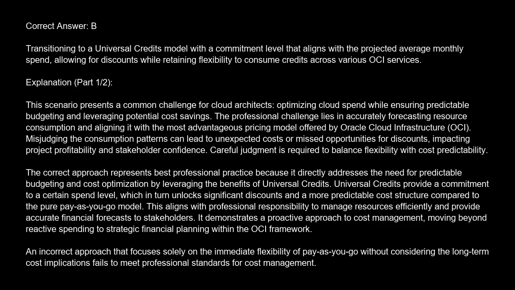Universal credits provide a commitment to a certain spend level, which in turn unlocks significant discounts and a more predictable cost structure compared to the pure pay-as-you-go model. This aligns with professional responsibility to manage resources efficiently and provide accurate financial forecasts to stakeholders. It demonstrates a proactive approach to cost management, moving beyond reactive spending to strategic financial planning within the OCI framework.